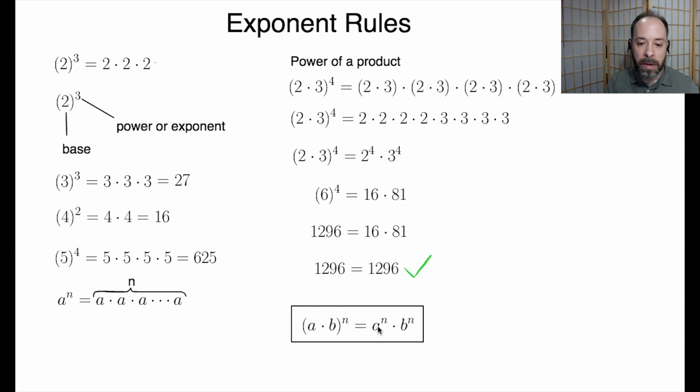At the end of the day, you're going to have n A's and n B's all multiplied. That's the same as A to the n times B to the n. So that's a general thing that you can use, not just for 2 and 3 and 4, but for anything that you want.